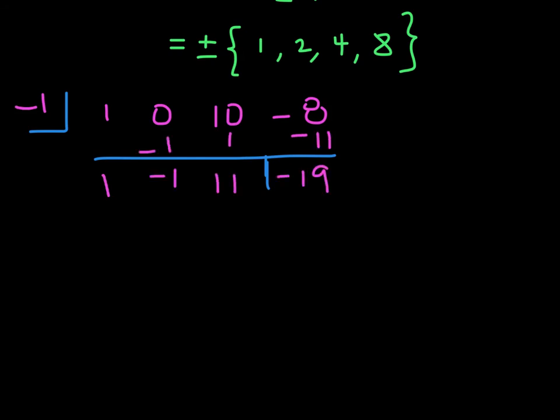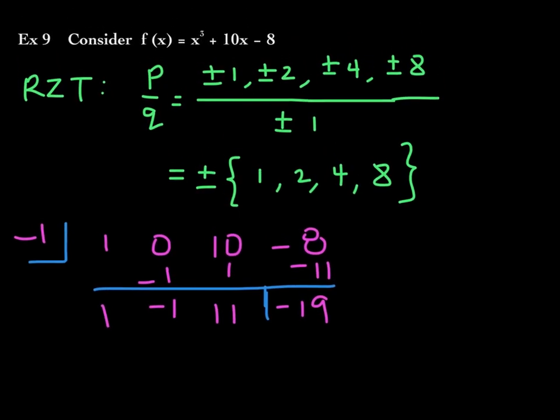Now we find here that negative 1 is not a 0. Negative 1 is not a 0. And notice that this value here, which we call C, is negative, and the signs in the bottom row of the synthetic division alternate. Positive, negative, positive, negative. This means, and I'm going to scroll back up to the theorem here.